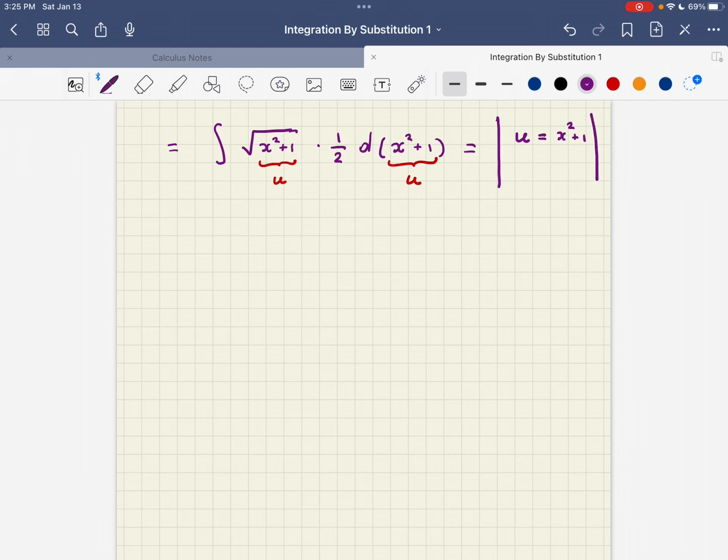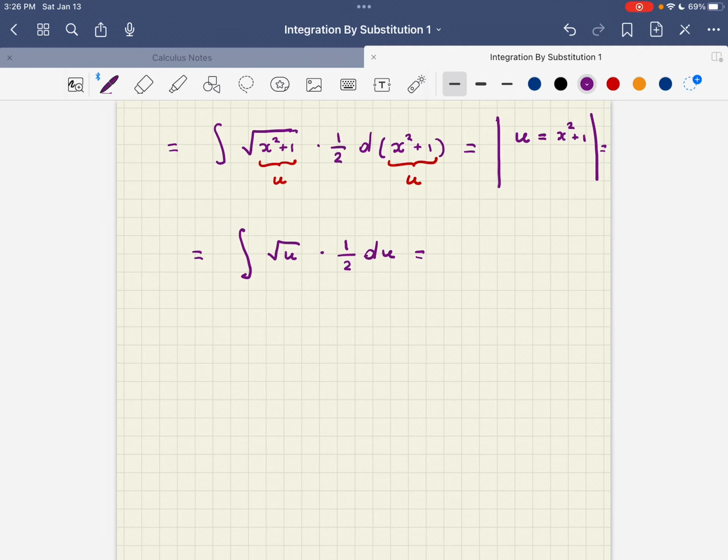This explains that we are replacing x squared plus 1 with u, our new variable. Well, then we can rewrite the previous line in terms of u. We now have integral of square root of u times 1/2 du. And of course, the integral now has simplified dramatically.